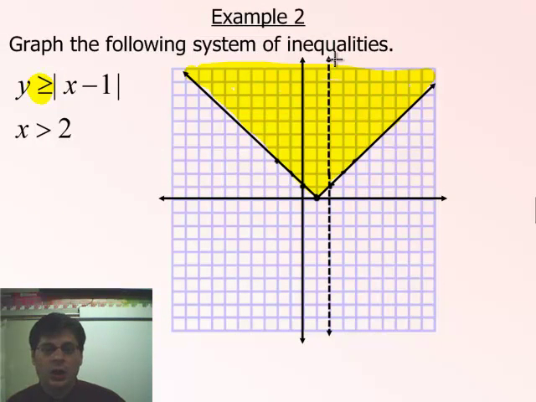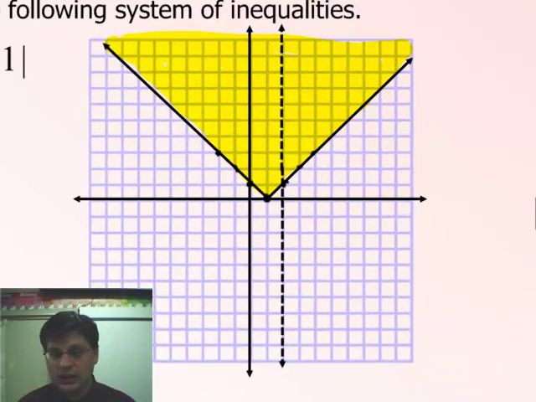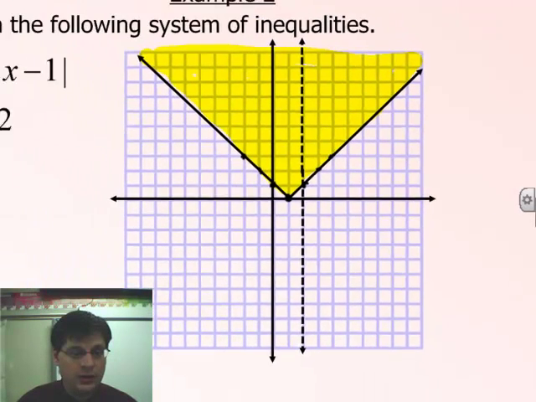This way and this way. Okay, now as far as shading is concerned, this is going to be the only exception as far as determining how you shade, because you can't shade above or below a vertical line. This is the one case where you're going to consider shading left or right. So we need to think about what it's telling us here, and it's saying that x is greater than 2.